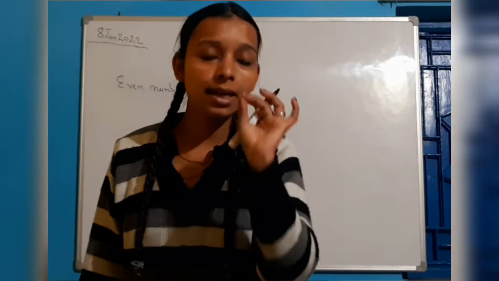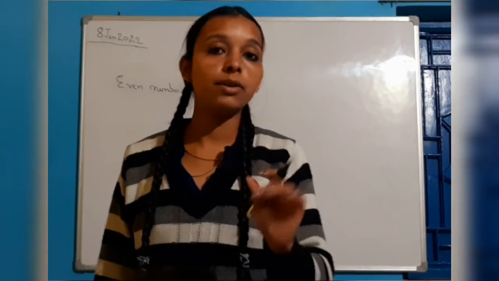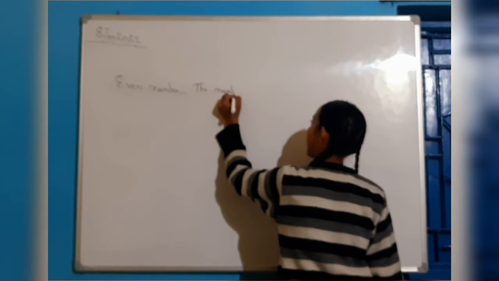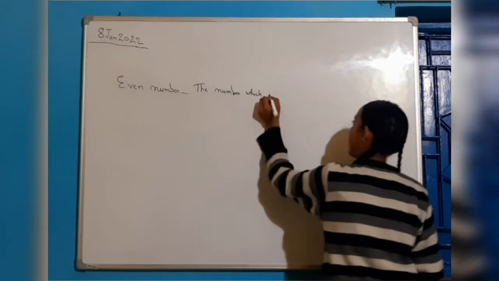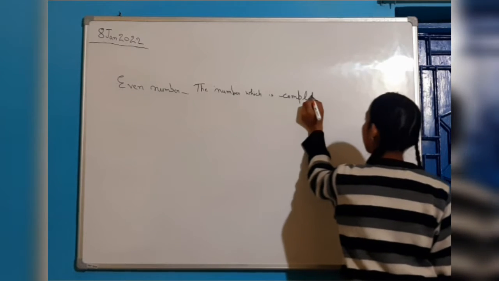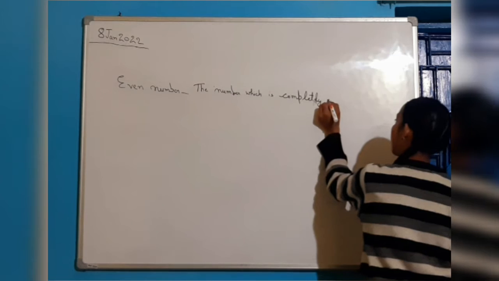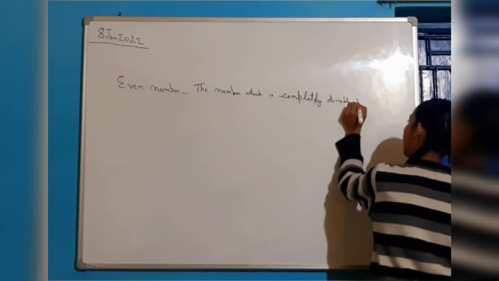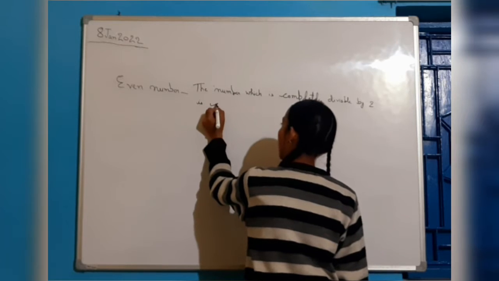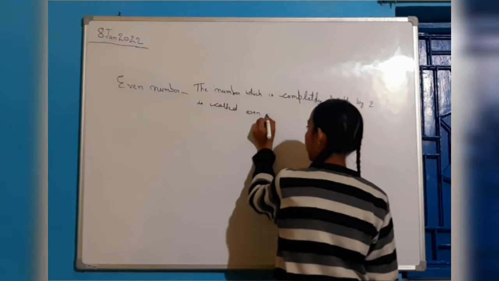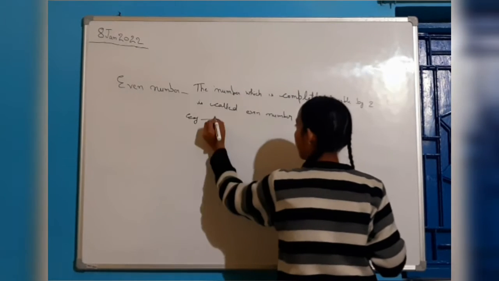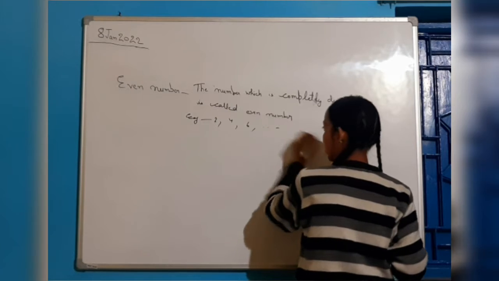The number which is completely divisible by 2 with no remainders left is called even number. Example: 2, 4, 6 and so on.